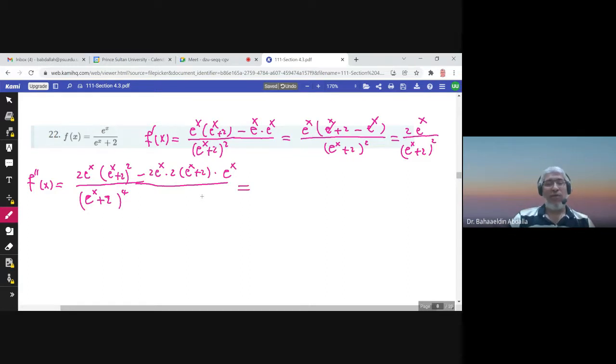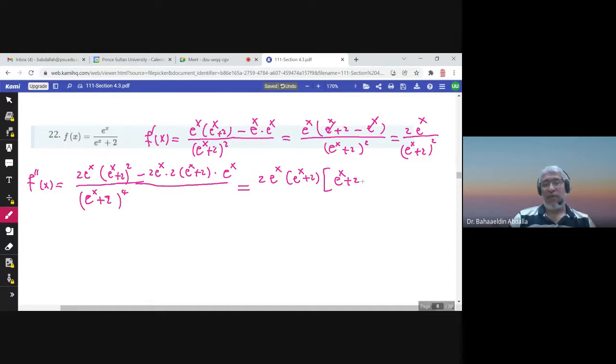And now to simplify f double prime, you take common factors. 2 is here and here. e^x also is here and here. And e^x plus 2, we have (e^x plus 2) to the power 1 and to the power 2, we take the smallest power. And now look at the first term, 2e^x (e^x plus 2) to the power 2, we took everything except e^x plus 2 because it's power 2 here.